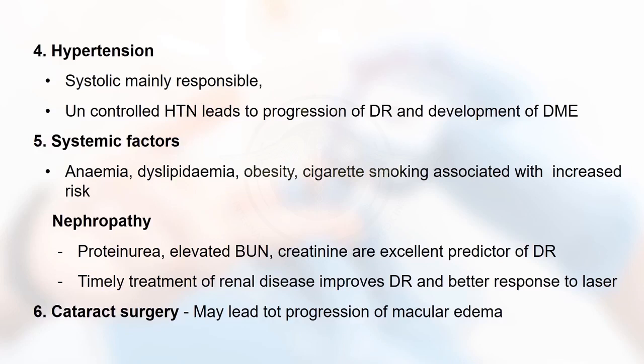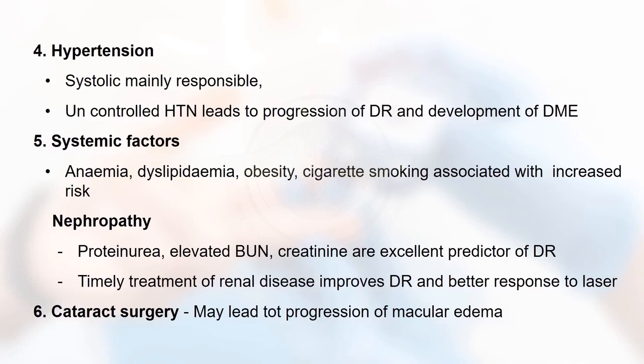Other systemic factors apart from diabetes and hypertension are anemia and dyslipidemia, which is very common nowadays because there is obesity, more waist circumference, male and female, erratic diet habit and no exercise, and cigarette smoking associated with increased risk of diabetic retinopathy. Nephropathy, the involvement of the kidney by diabetes.